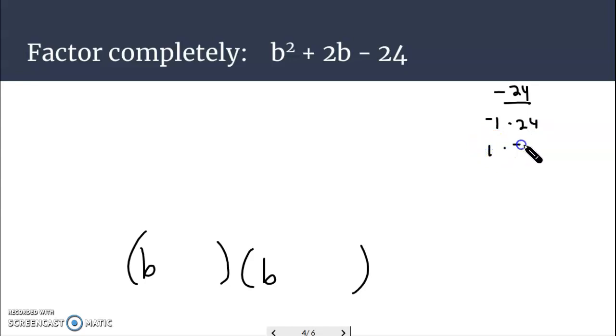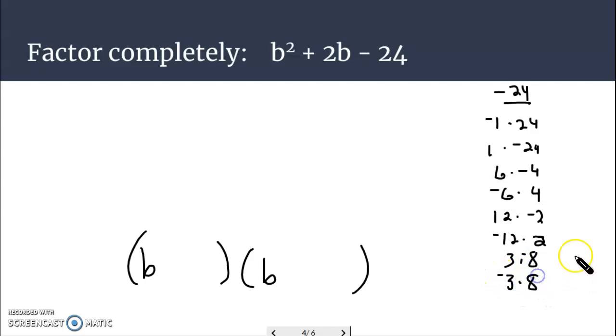Positive 1 times negative 24. 6 times negative 4. Negative 6 times positive 4. 12 times negative 2. Negative 12 times positive 2. And then 3 times negative 8 is a possibility, negative 3 times positive 8.